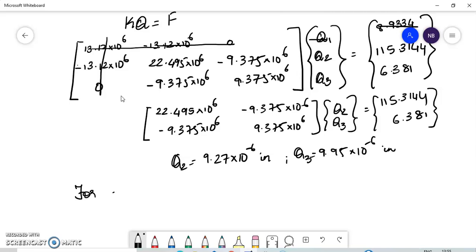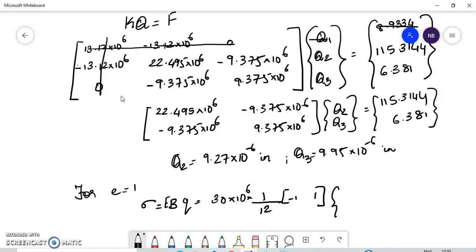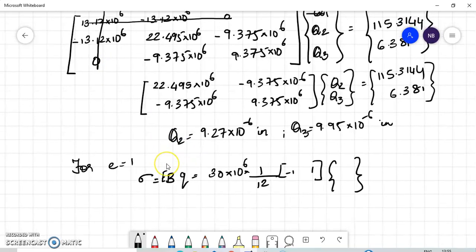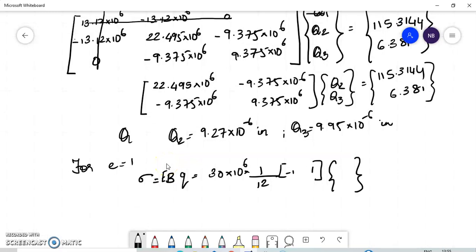So for element 1, we can write sigma equals to E B into Q. We know the value of E. B is given as 1 by L times minus 1, 1. And this Q will be a matrix of Q1 and Q2. Okay, here we could write Q1 equals to 0.